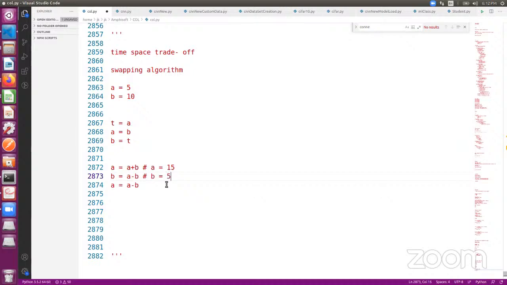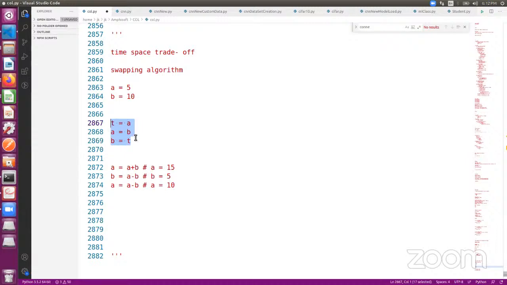Then A is equal to A minus B. A is 15 minus, now the current value of B is 5, right? Earlier it was 10, now it has become 5. So 15 minus 5 is 10. It got swapped, right? So this is the way you do it using a temporary variable, and this is without using a temporary variable.